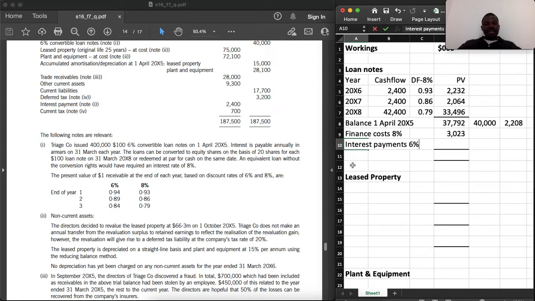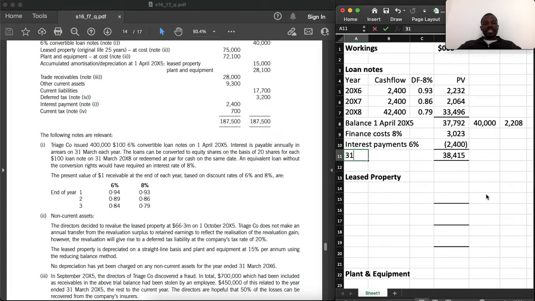The interest payments are paid at the 6% rate. We have already calculated them here. Like this is 2.4. Now we can add everything to get our closing balance.